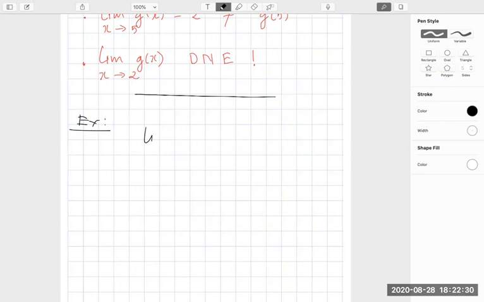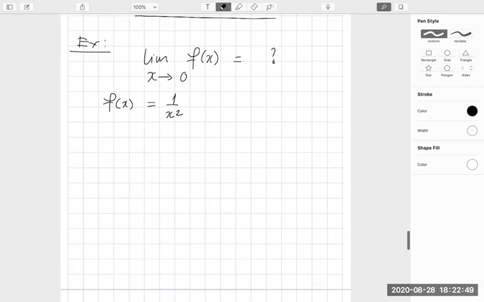Limit of f of x when x goes to 0. What is it? If f of x is 1 over x squared. Okay. Let us make a graph of this.